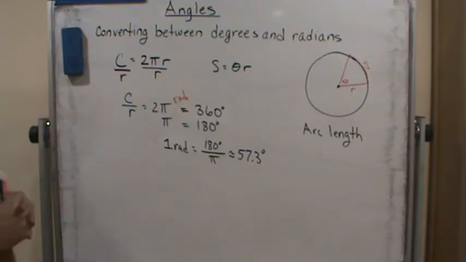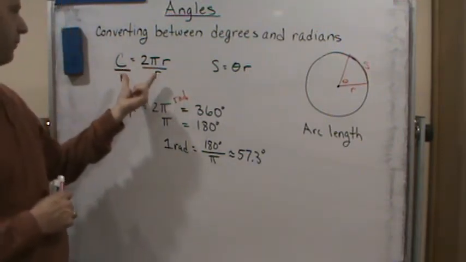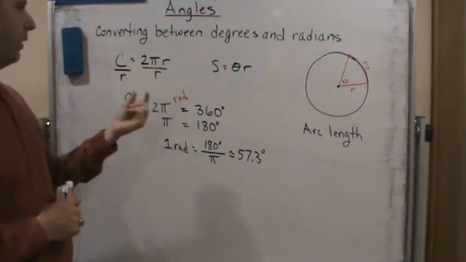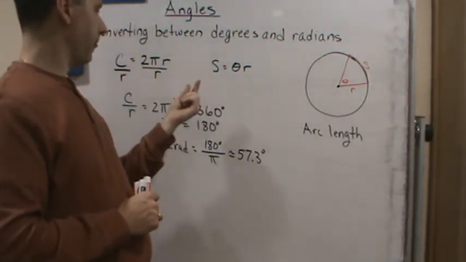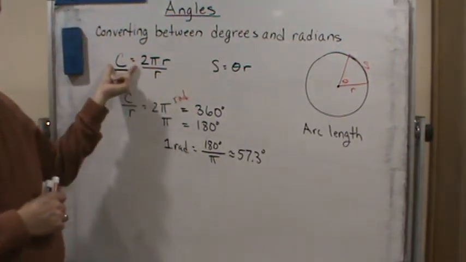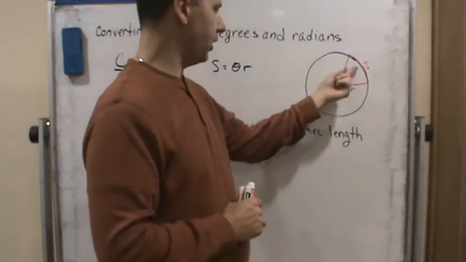Now you can derive this by using the circumference. You could use this circumference formula and say, well, the arc length is going to be a fraction of the circumference.